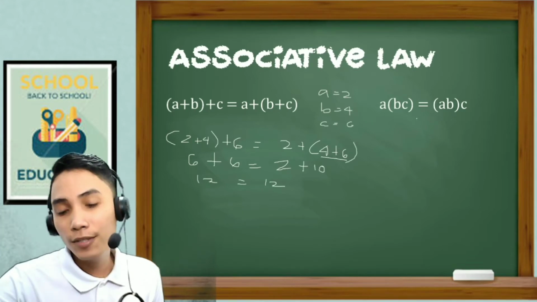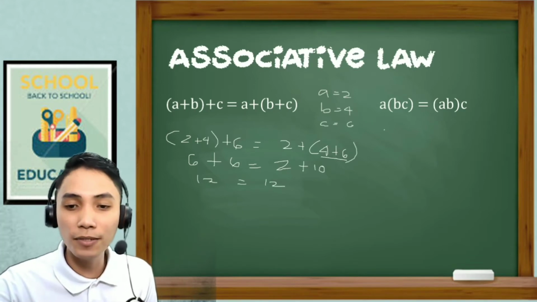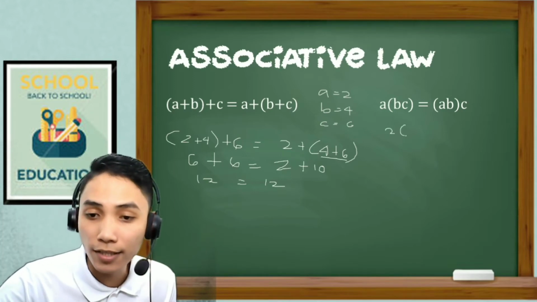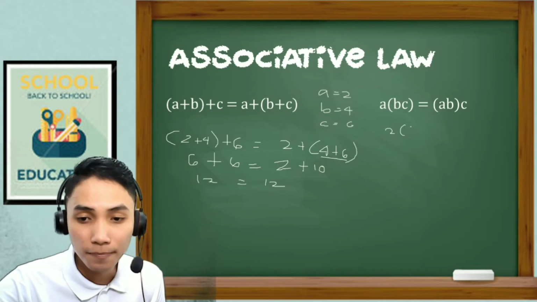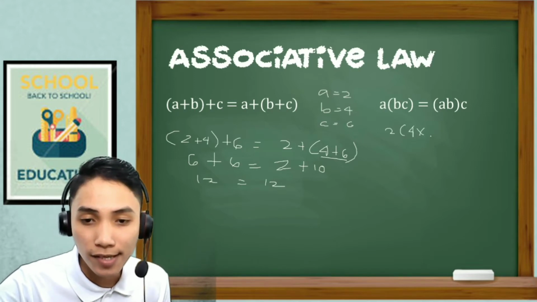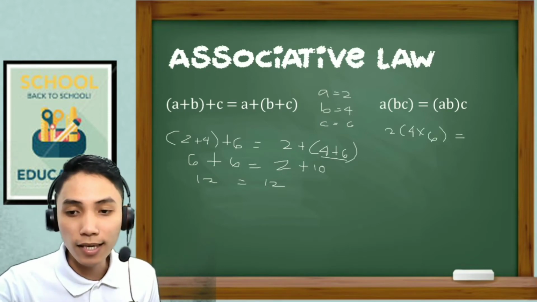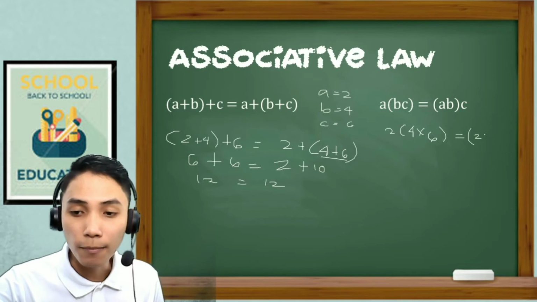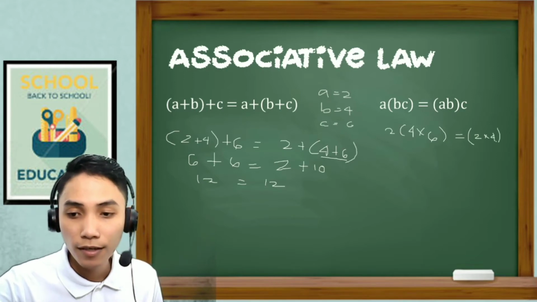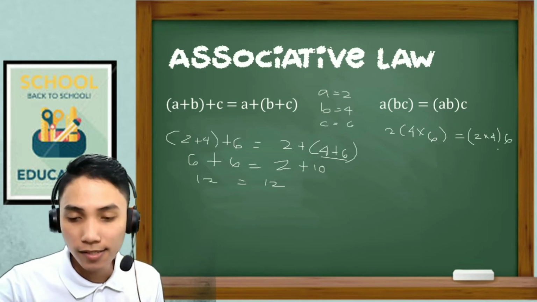So let's move to this one. We have here also the value of A, that is 2, multiplied by the value of B, that is 4, times 6. That is equal to the value of A, that is 2, multiplied by the value of B, that is 4, times 6.